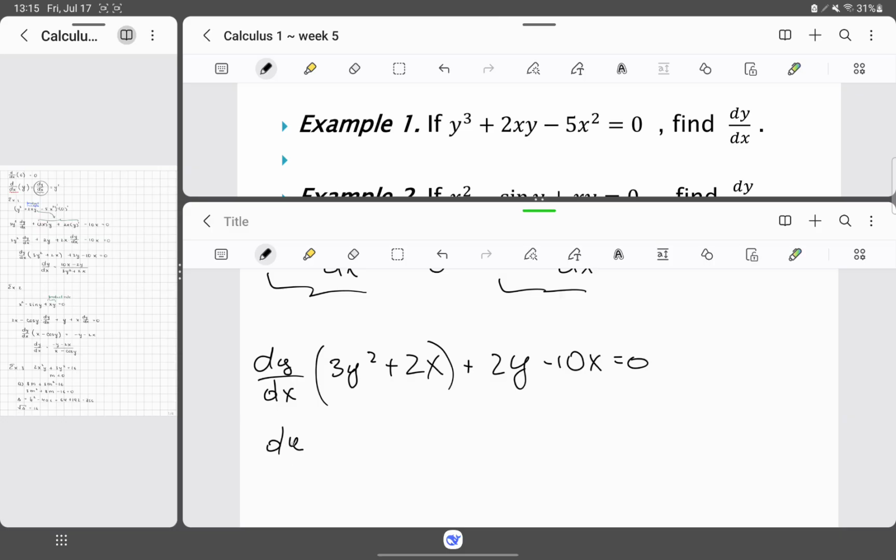How to find dy over dx? dy over dx will be (10x minus 2y) over (3y squared plus 2x).